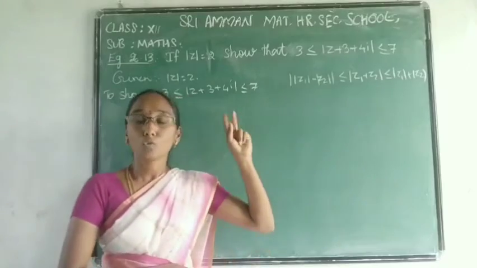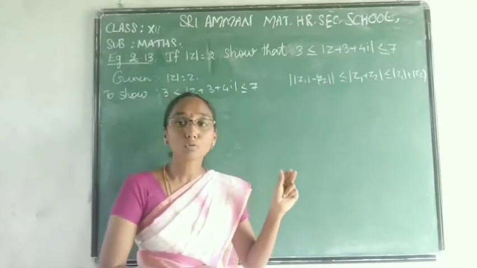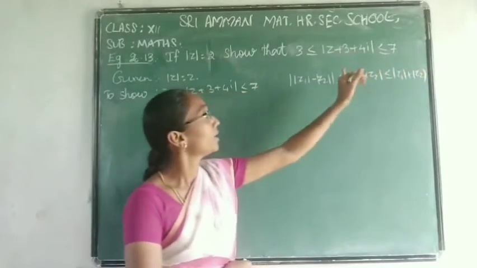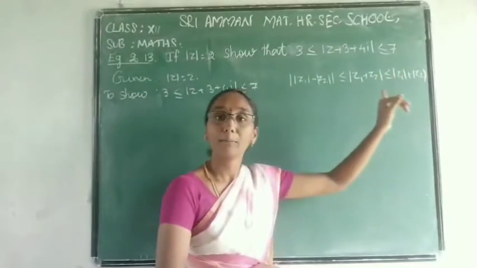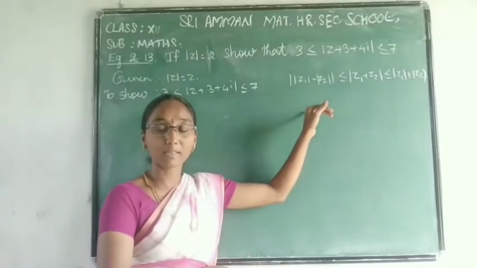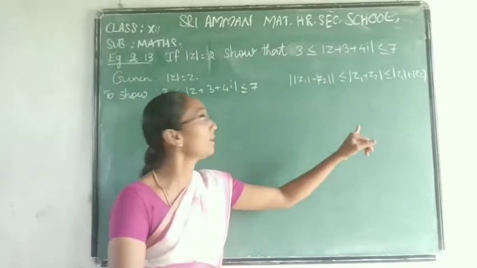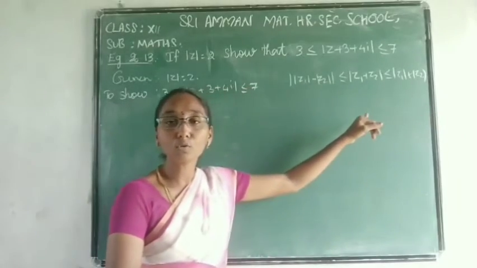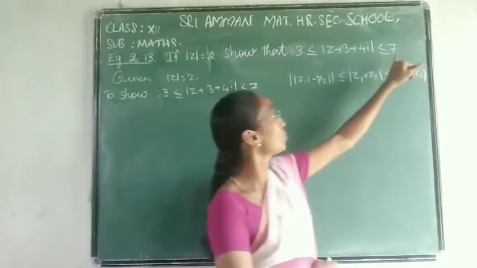To find or prove the lower bound or upper bound for the modulus of the addition of any two complex numbers, we use this property. We want to prove the question in this way.